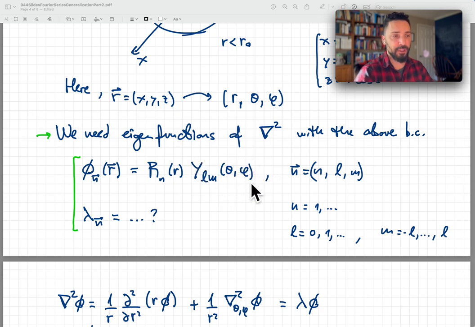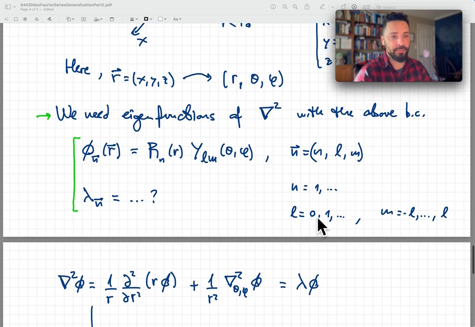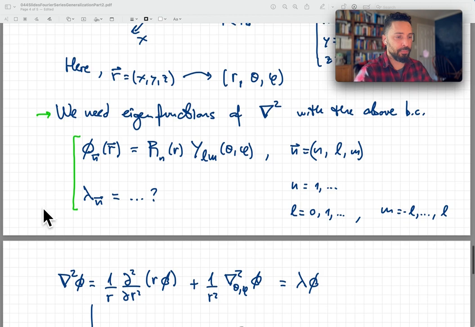These are going to be our spherical harmonics. If you want, you can take this as proposing this form for the solution. And here we're going to index n with 1 and above, but the l part starts at 0, 1, and so on and so forth, and m can be from minus l to l.